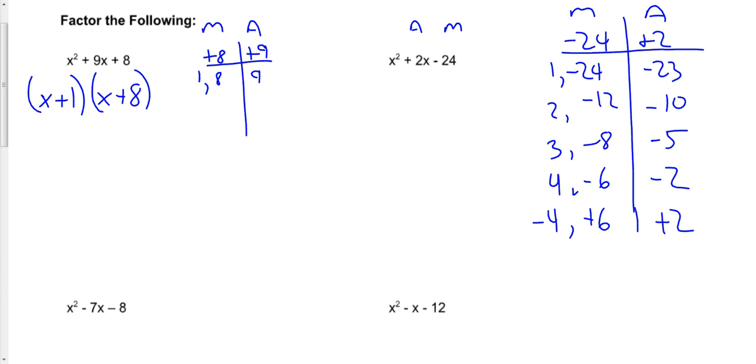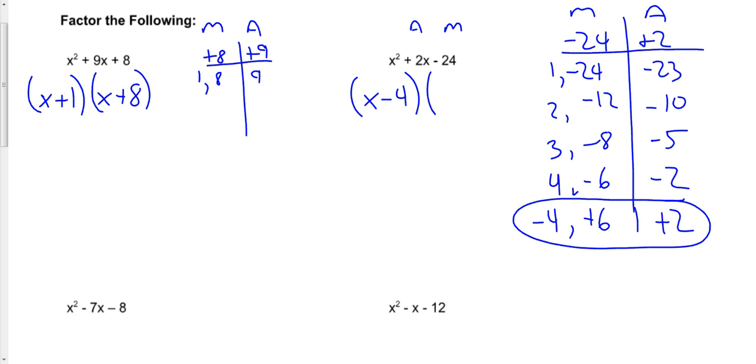So positive 4 times negative 6 gives me negative 24 and adds to negative 2. Negative 4 plus positive 6 gives me positive 2. So in this case, this is the one I'm looking for. So this tells me that x minus 4 times x plus 6 is my factored form of that particular equation.